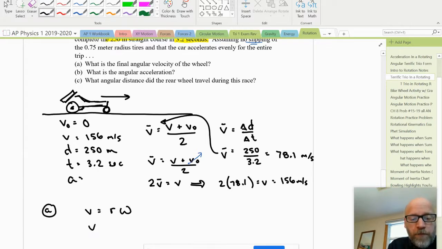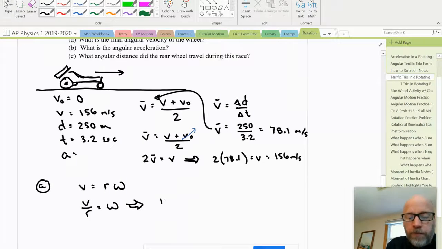So if I do v divided by r equals omega, I can take that 156 meters per second and divide that by 0.75 meters for the radius. And I get 208 radians per second.